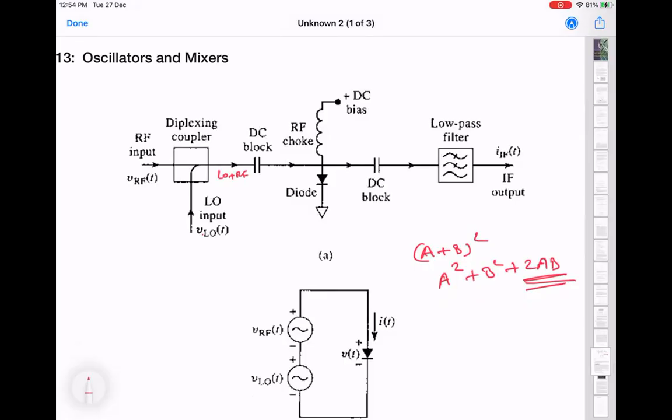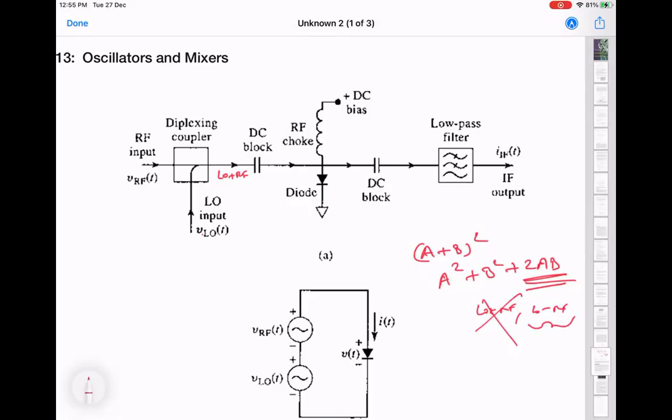Those can be filtered out through these filters, and you only get the term you're interested in. In this diagram, it's shown as the down conversion process because the input is RF and the output is IF. So you low pass filter, so that the AB part itself, which has LO plus RF and LO minus RF signals, is filtered, and you only pass the difference.